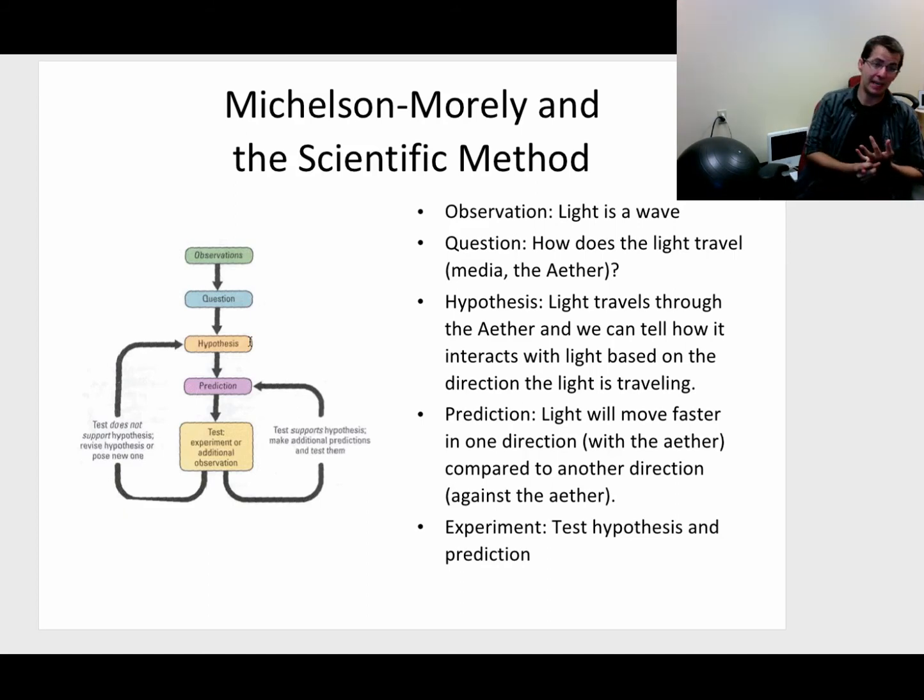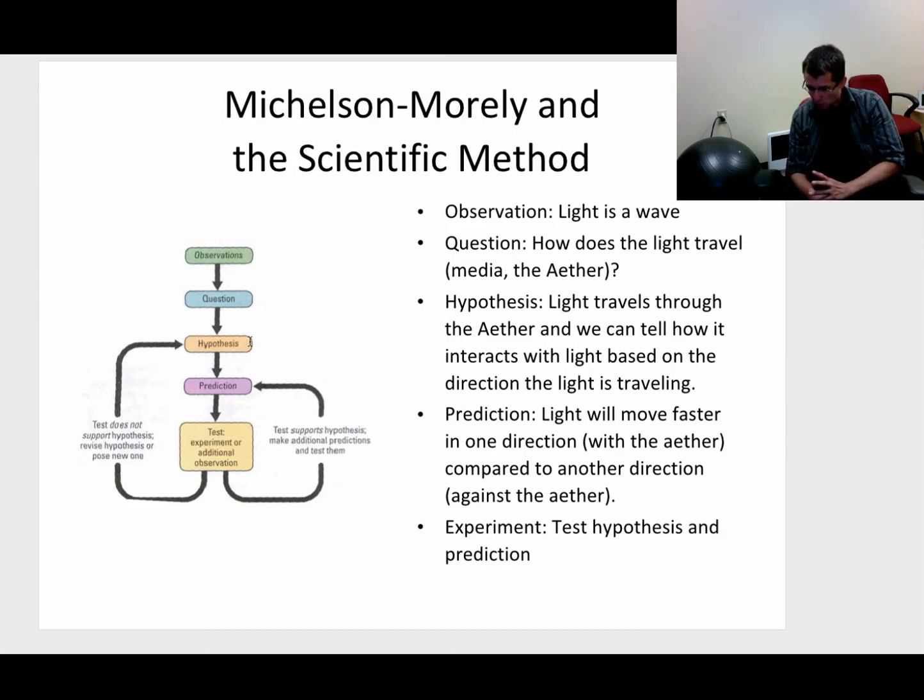Sound waves propagate through air. And so the question really is, how does light travel? What is the medium that light travels through? Light can travel through a vacuum, right? No air, and yet light still functions. So the hypothesis is that there has to be something that allows light to travel. What carries light from place to place?